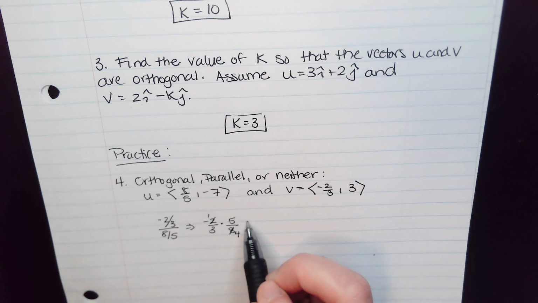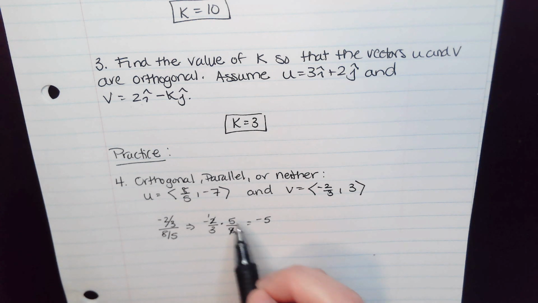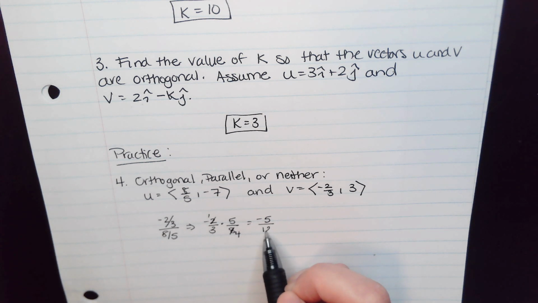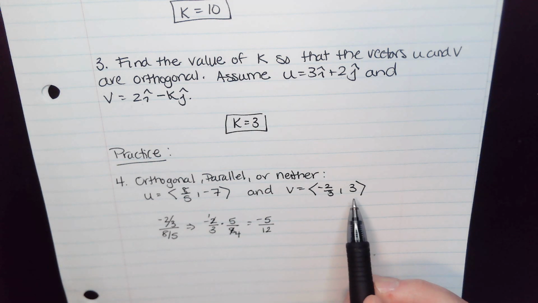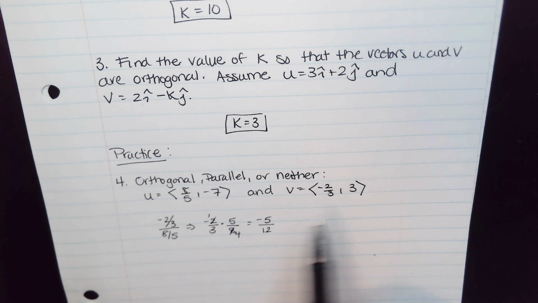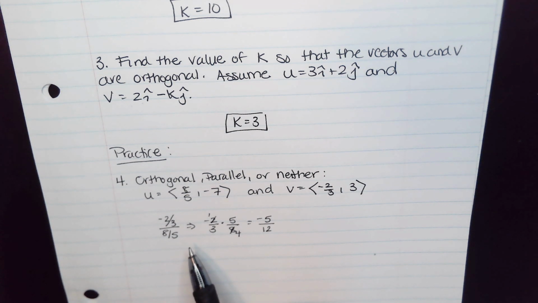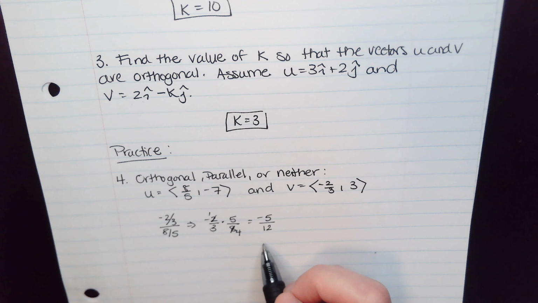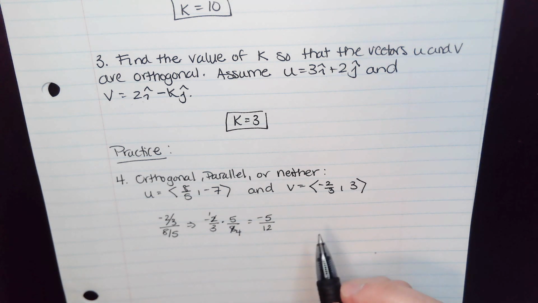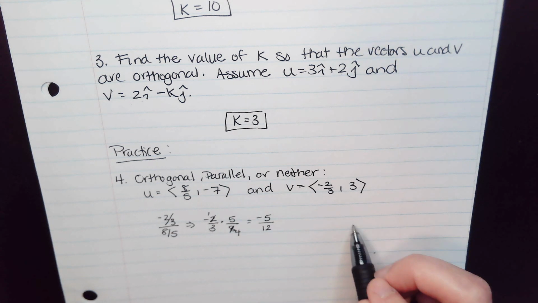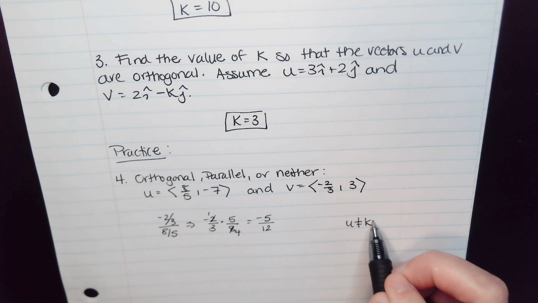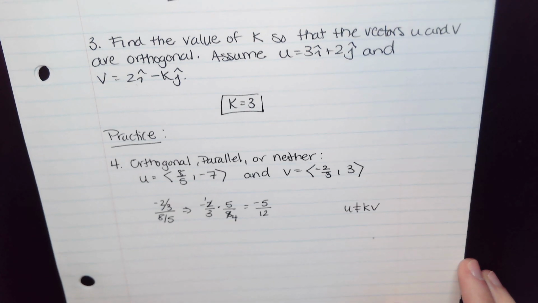So you would get negative 5 if I multiply across the top, over 3 times 4 is 12. And then on the other side, you would have 3 divided by negative 7, which would give you negative 3 over 7. Those are not equal, so they're not parallel. You should have written out that they're not parallel because u does not equal a scalar quantity times v.